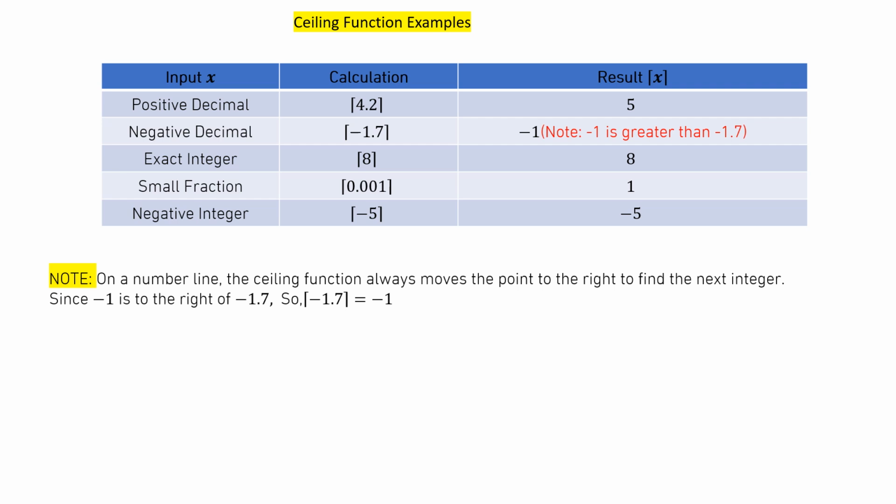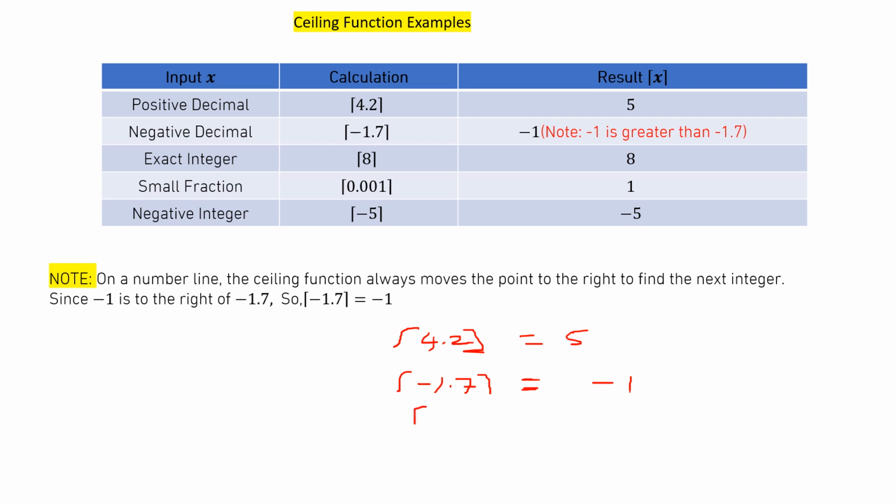Let us define the ceiling function clearly. Suppose we have 4.2. Then the nearest integer to 4.2 is 5. So the ceiling function of 4.2 equals 5. Suppose we have minus 1.7. The ceiling function of minus 1.7 is minus 1.